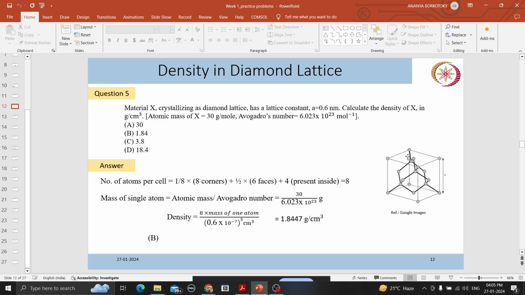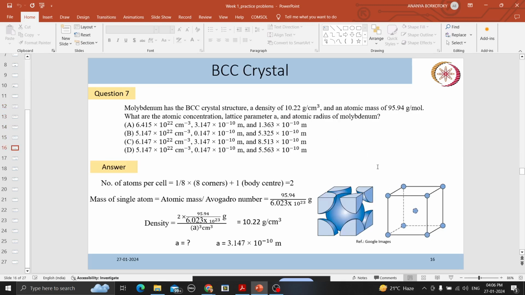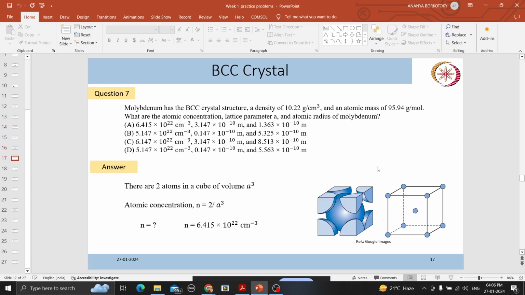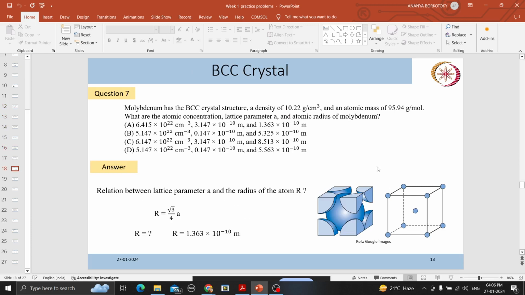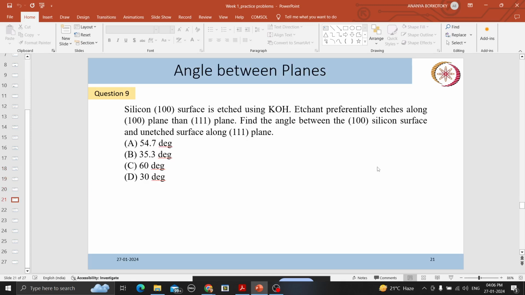So there are more atoms in the 111 plane. So that is why the etching rate in the 111 plane will be less compared to the 100 plane, right? You mean in the 111 plane the atomic density is more, so that is why the etch rate will be less?